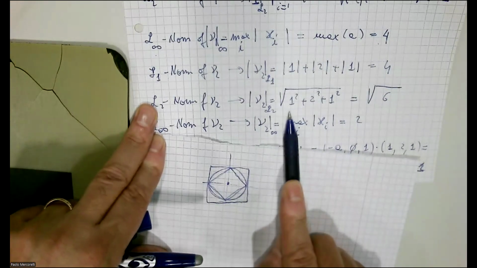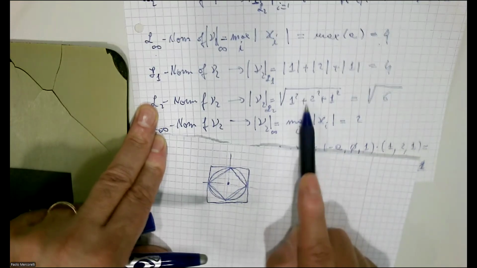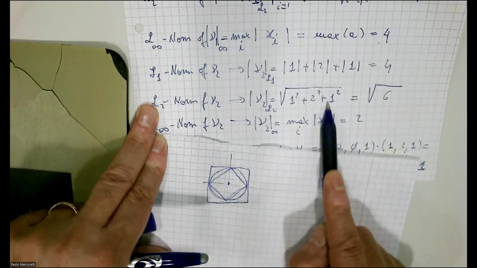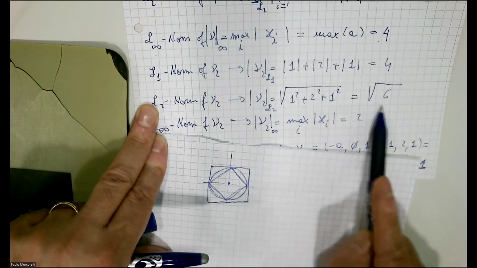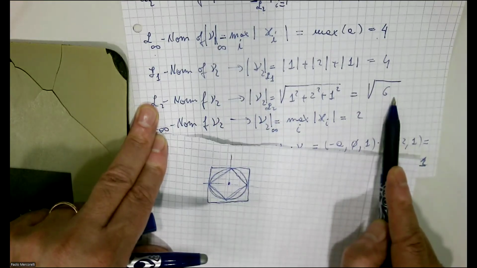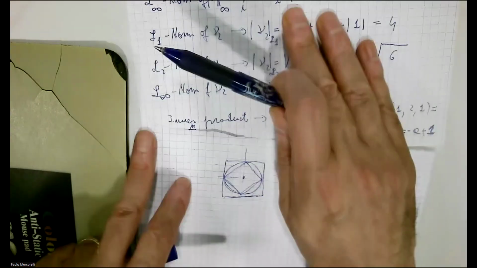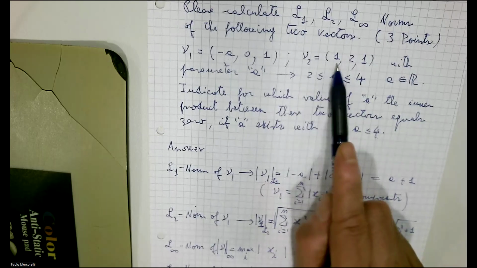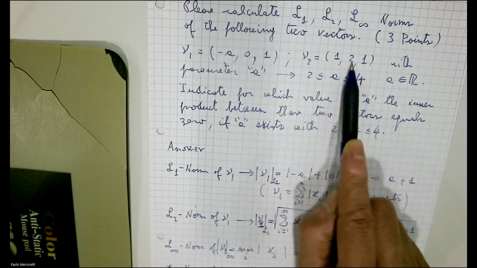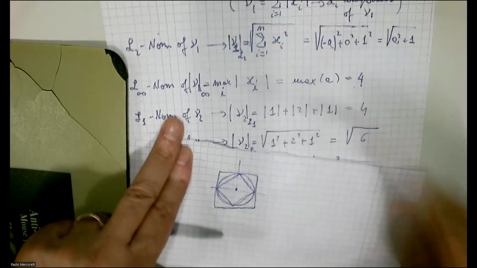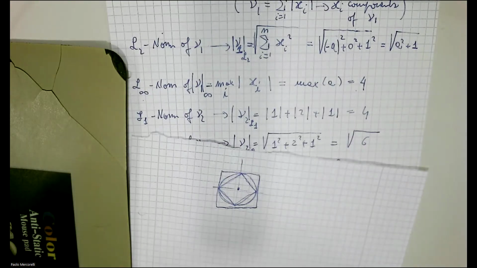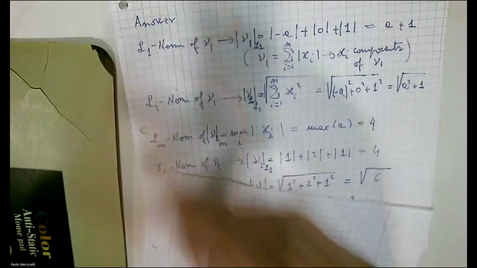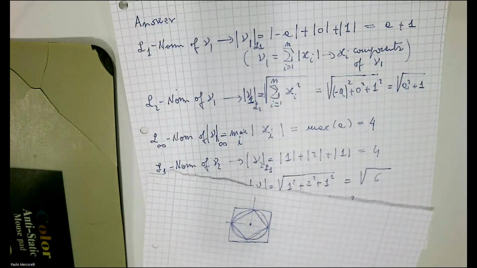Root of first component squared plus second component squared plus third component squared, Pythagoras theorem, each element squared: root of 6. I can also apply the norm infinite of V2. What is the maximal value, considering absolute value? It's 2. I don't need to put absolute value. You can do the same exercise for a different vector at all. But once you did it for one vector, the rest doesn't change.